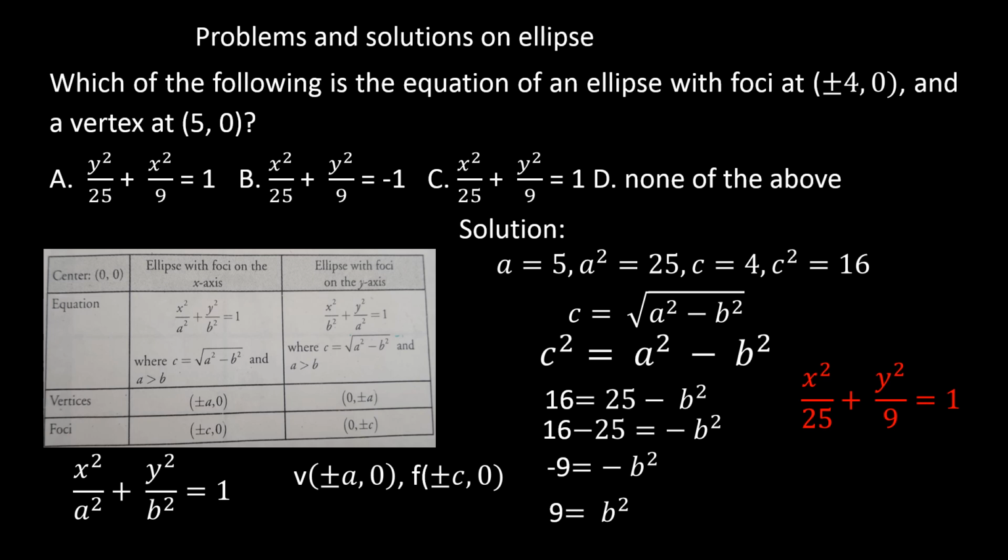We already have the value of b squared, which is 9. So instead of writing b squared, we write its value, 9. So that's why we have the answer x squared over 25 plus y squared over 9 equals 1. Therefore, the answer for the first problem on ellipse is letter C.